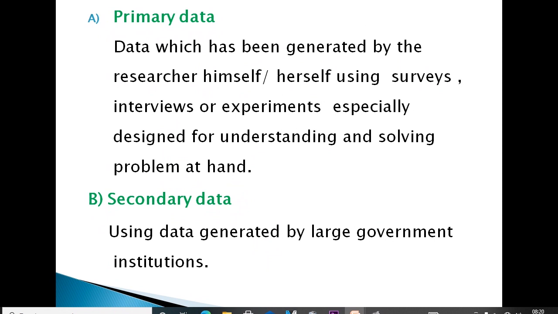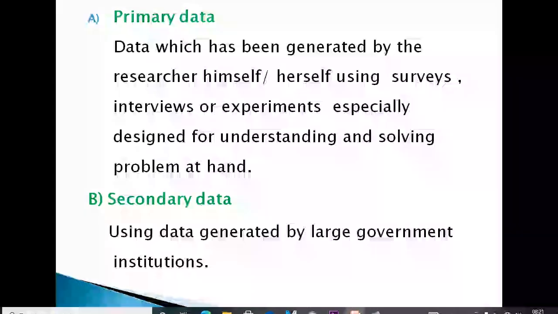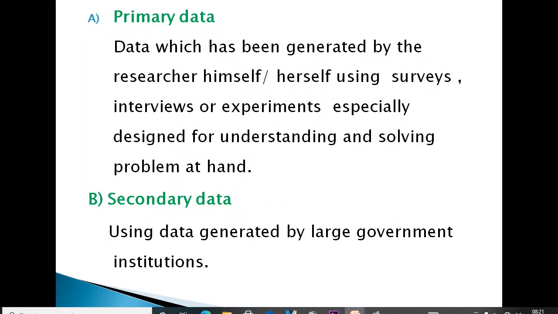Then secondary data are used when the researcher uses data generated by other large governmental institutions or other organizations. Here, the secondary data are not collected by the researcher himself. He can use other people's data, or data collected by other institutions or other researchers.